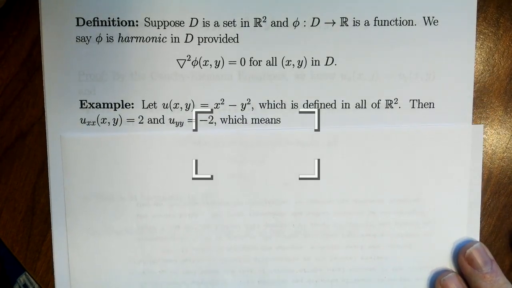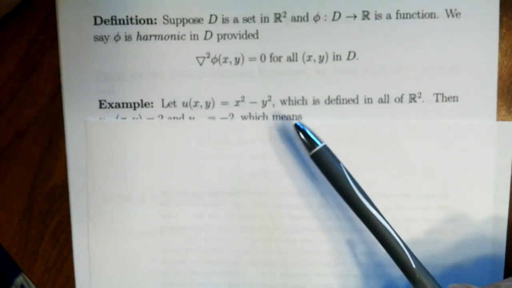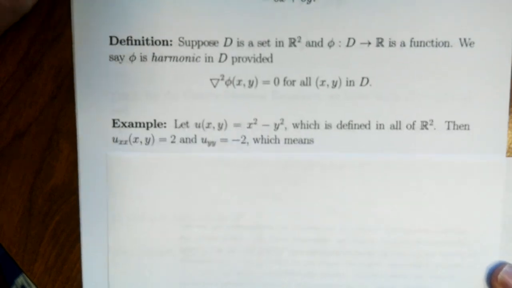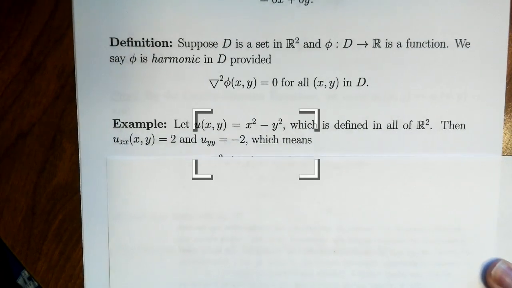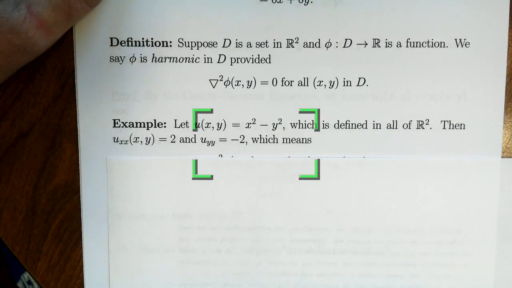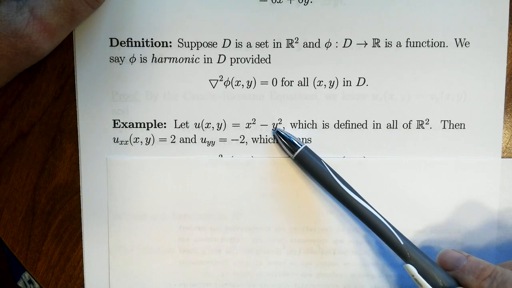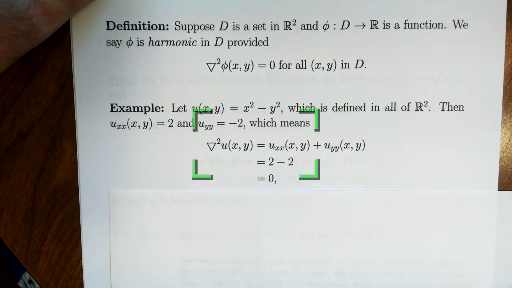For example, let u of x, y equal x squared minus y squared. This is defined in all of R2. The second partial of u with respect to x is 2. The second partial of u with respect to y is negative 2. If we add those two together, we get 0.